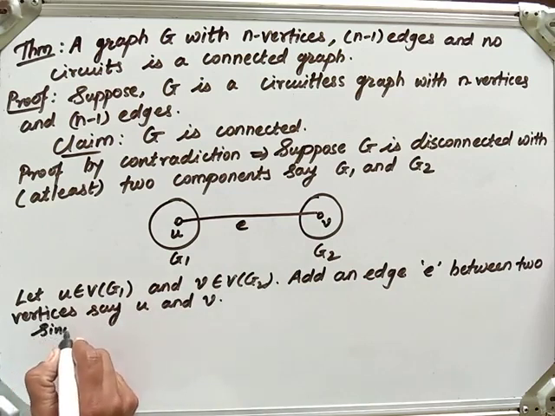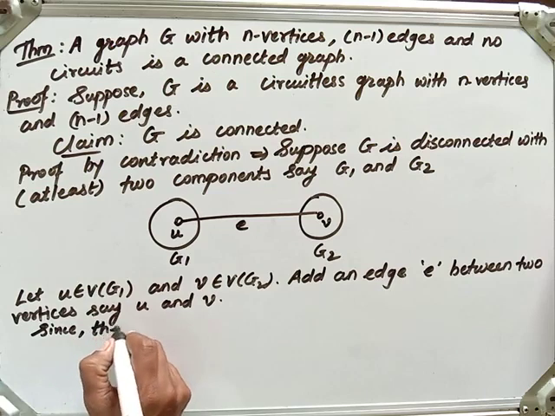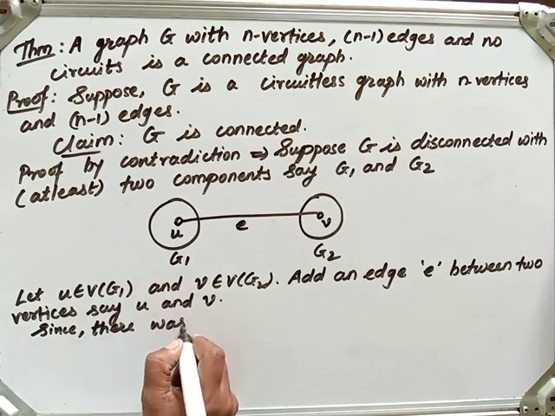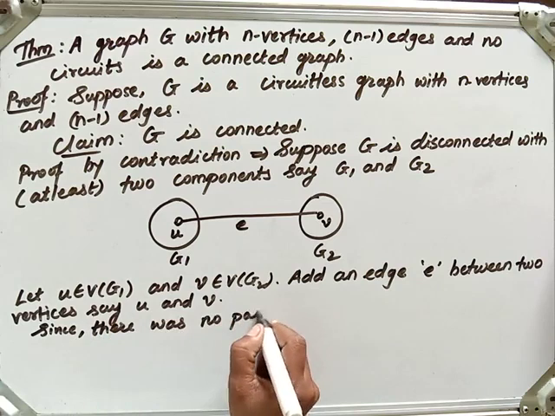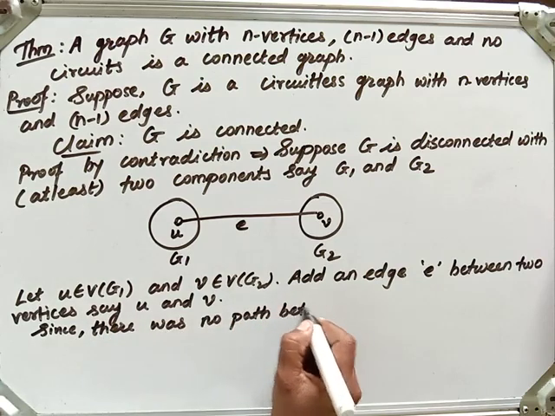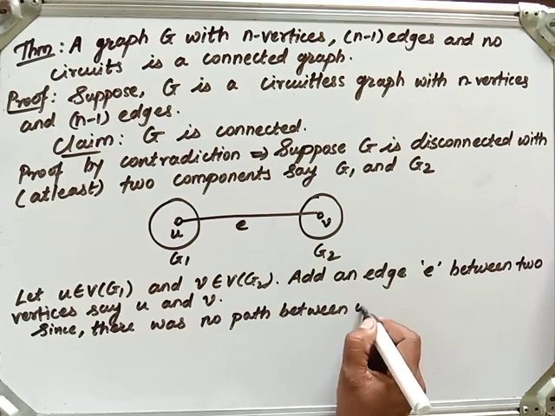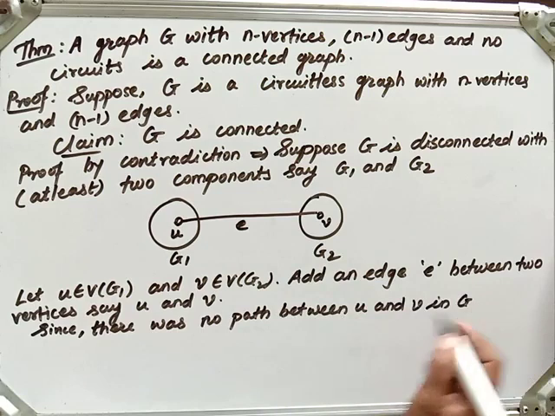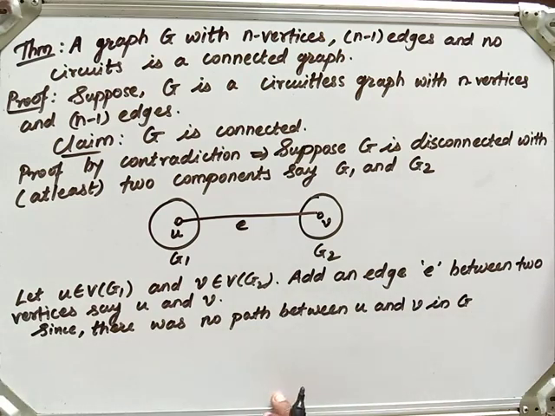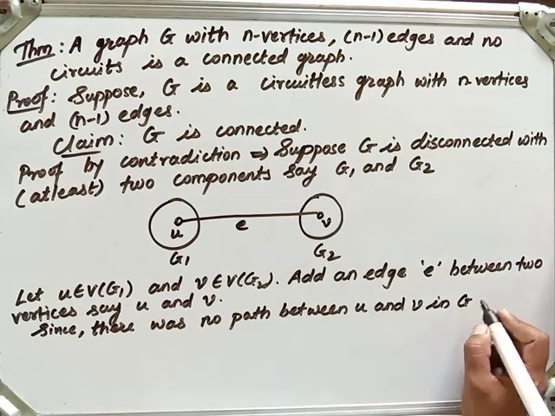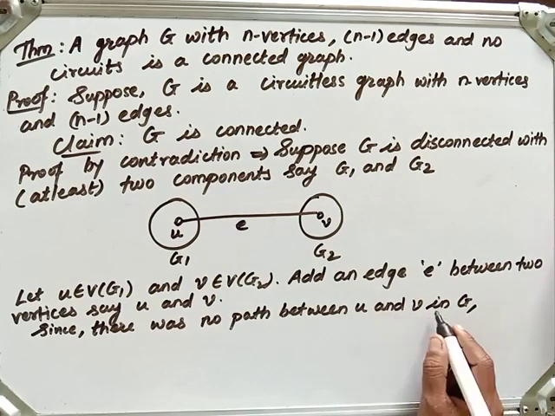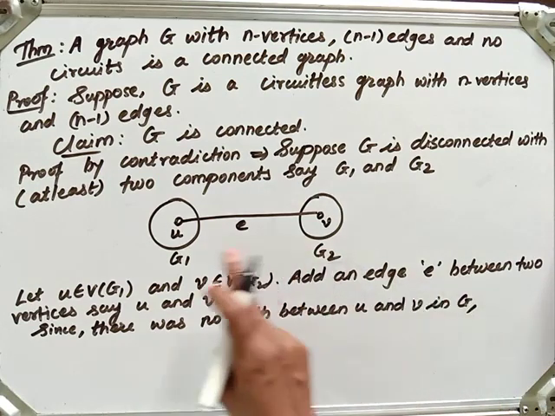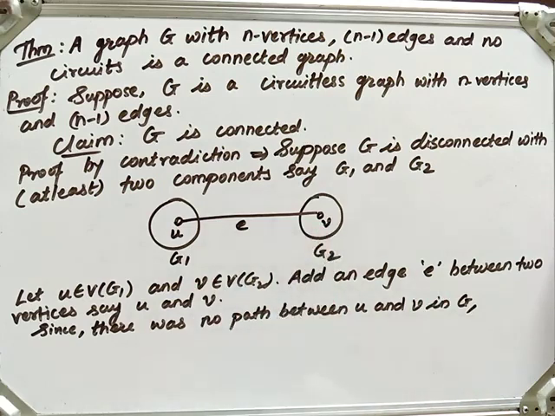Since there was no path between U and V in G. But by adding an edge E, it didn't create a circuit in G. There is no path between these two vertices, and if I add an edge between them, then there is no circuit, right?